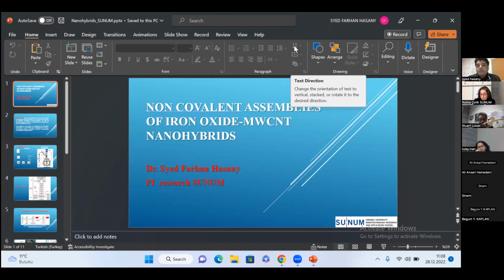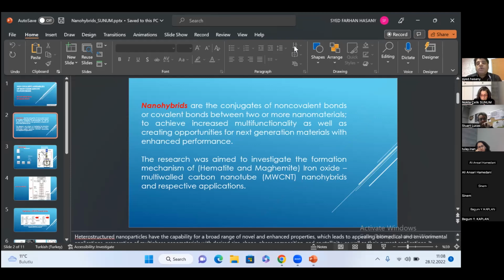As we all know, nanohybrids are heterogeneous nanoparticles, which are conjugates of covalent and non-covalent bonds, in order to increase the functionality as well as create opportunities for next generation materials, including biomedical applications, environmental applications, sensing behaviors, defense applications, and many different applications.